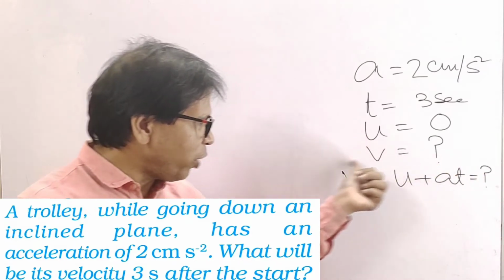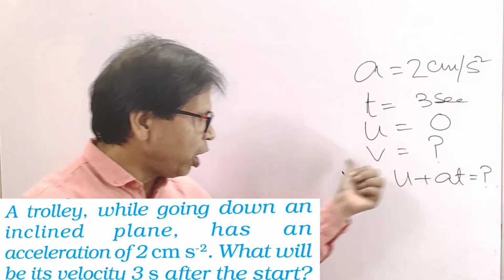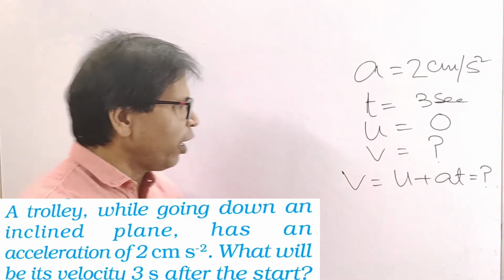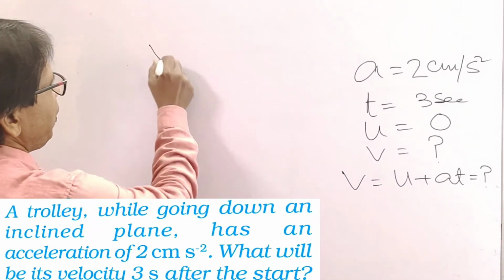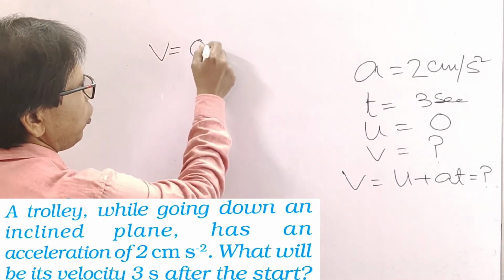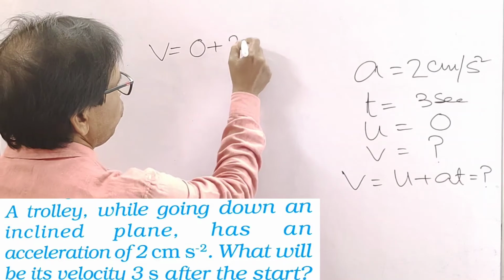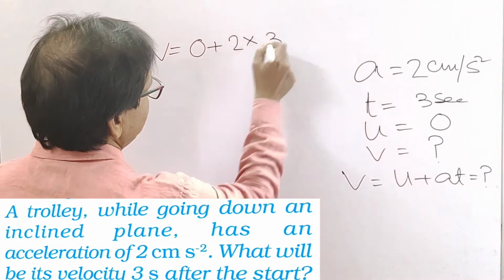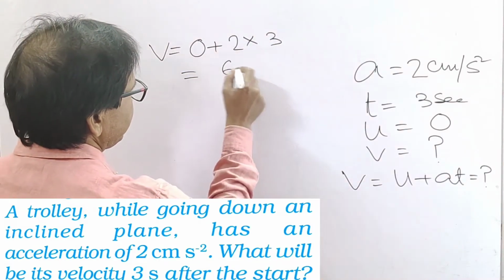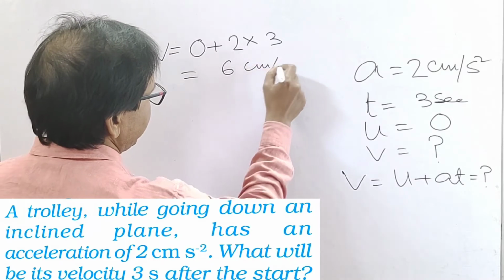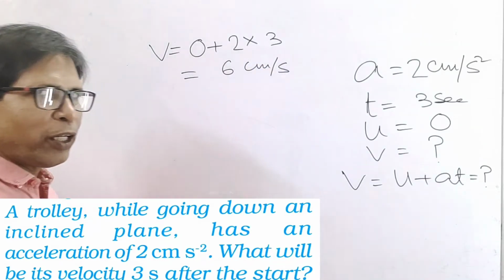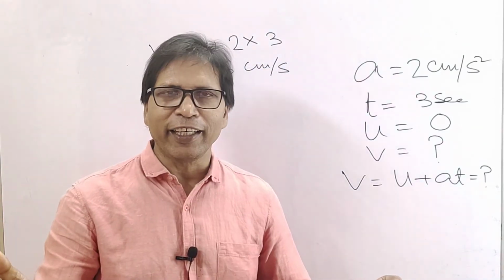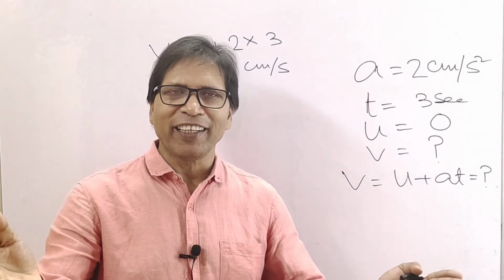So we can calculate the final velocity using this formula. Now here v equals 0 plus a is 2 and t is 3. Therefore this is 6 centimeter per second, the velocity of the trolley after 3 seconds on the inclined plane.